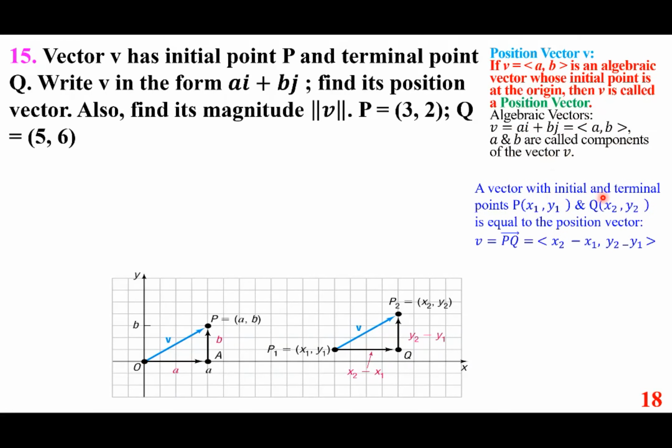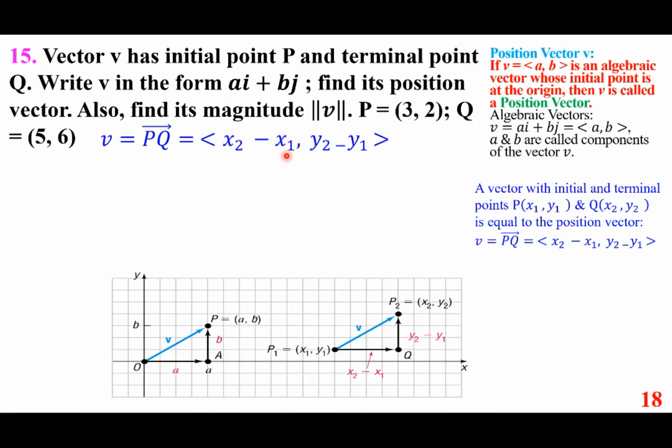A vector with initial point P having coordinates x sub 1 and y sub 1, and terminal point Q having coordinates x sub 2 and y sub 2, is equal to the position vector v, or vector PQ. This is the notation for the vector: x sub 2 minus x sub 1, y sub 2 minus y sub 1, and these are the vector components.